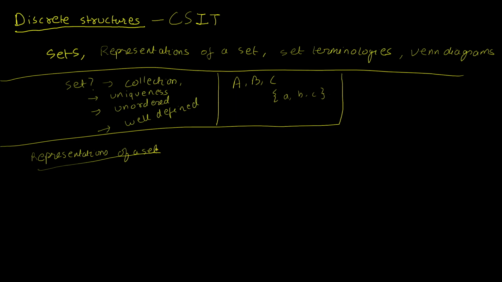Before we get into this topic, I think a lecture on set theory goes unfinished without a tribute to Georg Cantor. This person was a brilliant mathematician, and he's also attributed to be the inventor of set theory.